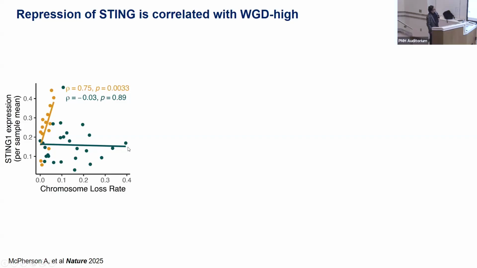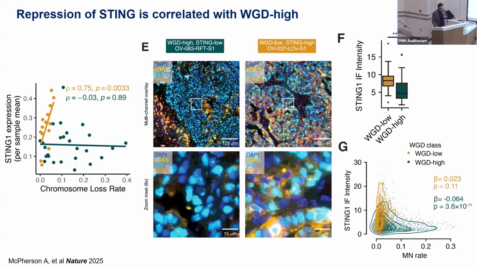But once the cells become genome doubled, that relationship actually goes away. And so there's some sort of regulation of STING. We also included STING in this assay, and we can see that the genome doubled high tumors actually have a reduction in STING expression. And so this is potentially a link to immunosuppressive states that we observe in genome doubled high tumors.